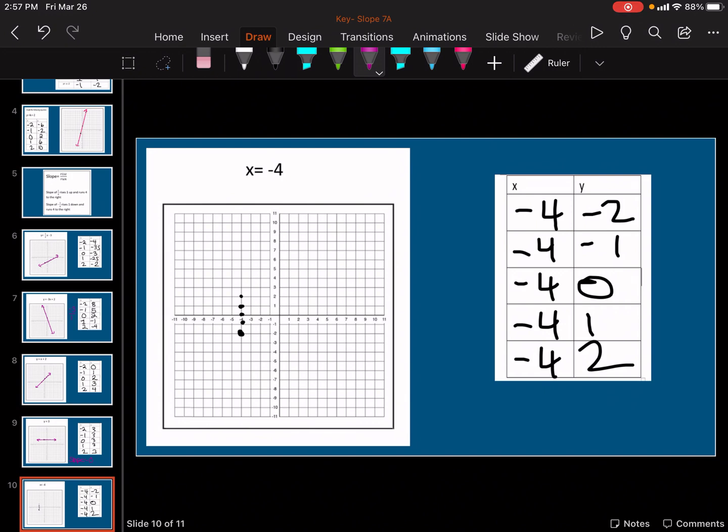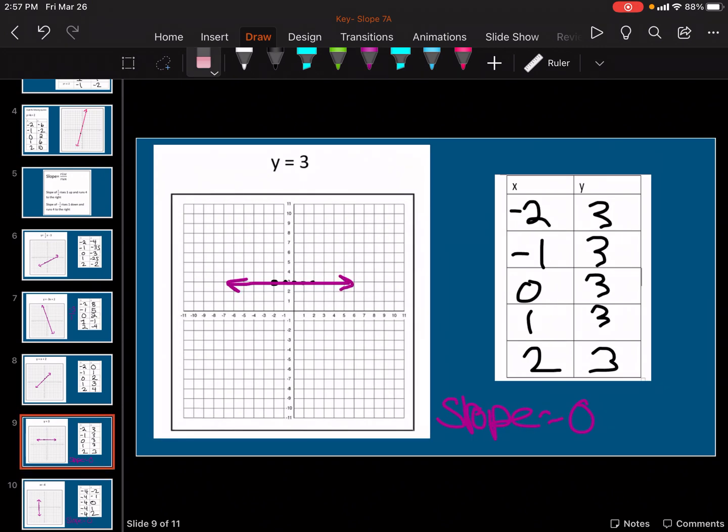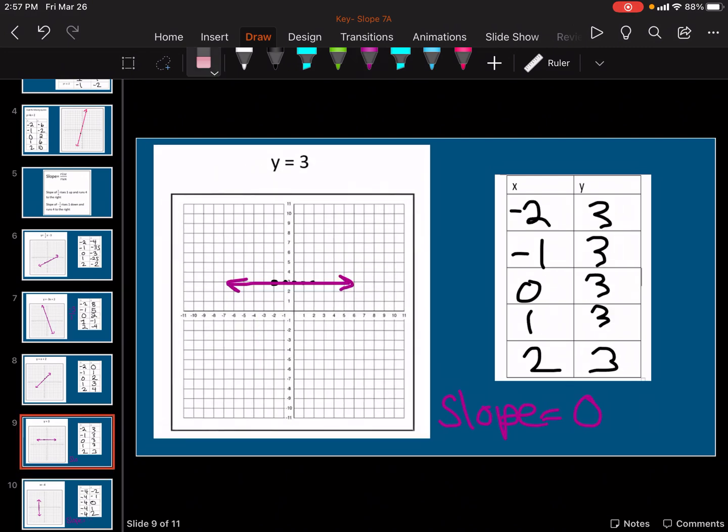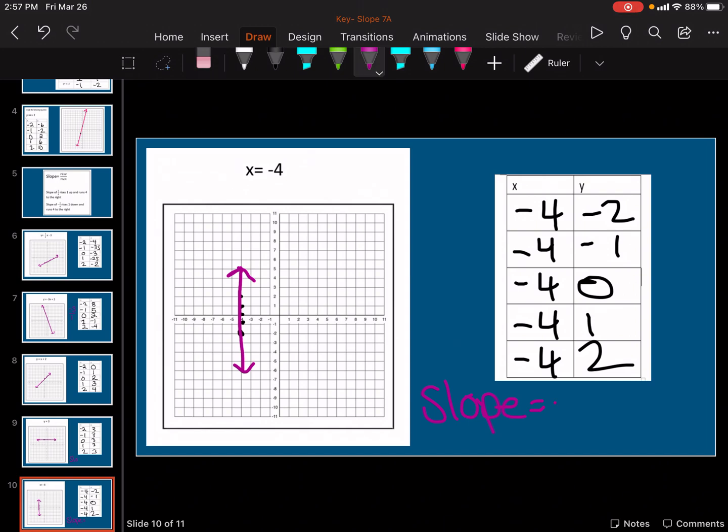And our slope, I had that wrong before. Slope is 0 here. This slope is undefined. So when it's a vertical line and x equals whatever, it's undefined. And if it is horizontal on the y, it is a slope of 0.